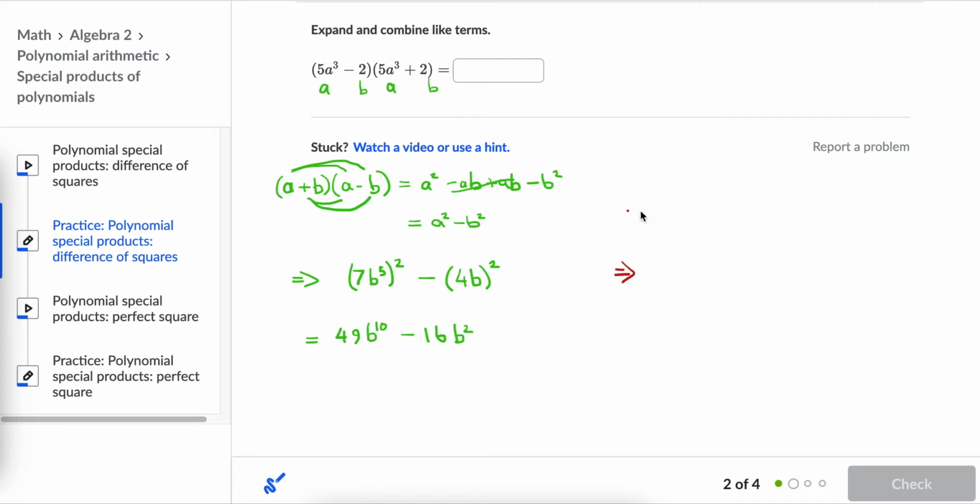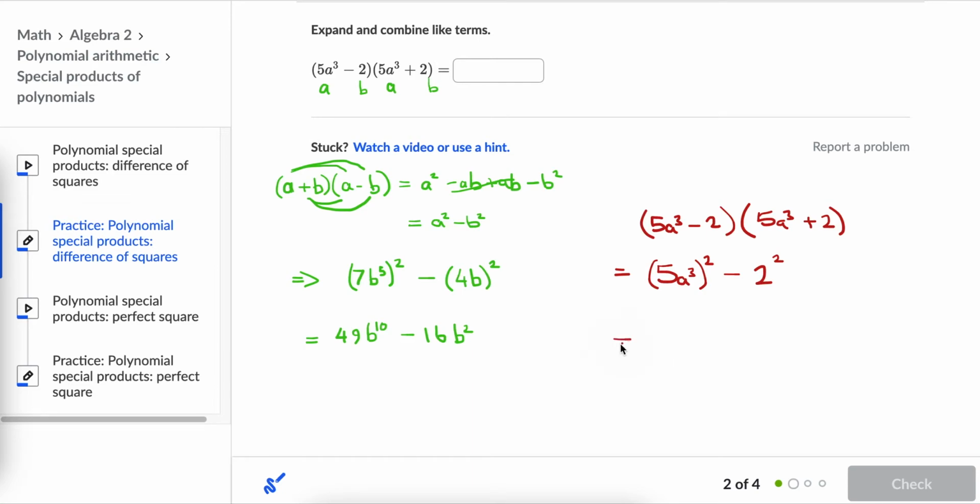If we've got 5a cubed minus 2 times 5a cubed plus 2, that's equal to our first term, 5a cubed, squared, minus our second term, 2, squared.